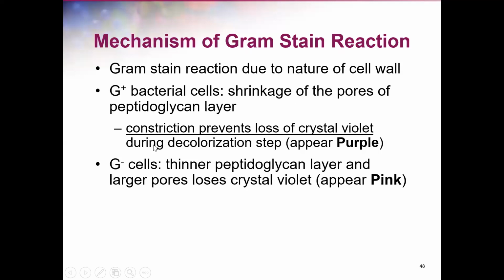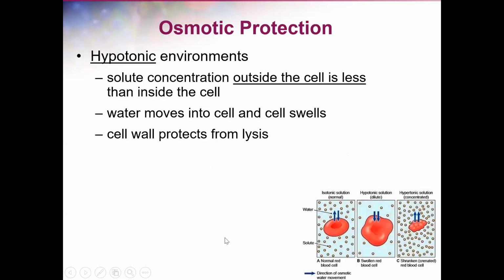But once you add ethanol or some reagents, they are decolorized. That makes the cell wall shrink, so they will lose some dye. But Gram-positive cells can hold more dye, so they appear as the original color of the dye, which is purple. Gram-negative cells lose a lot of dye, so finally they appear pink.